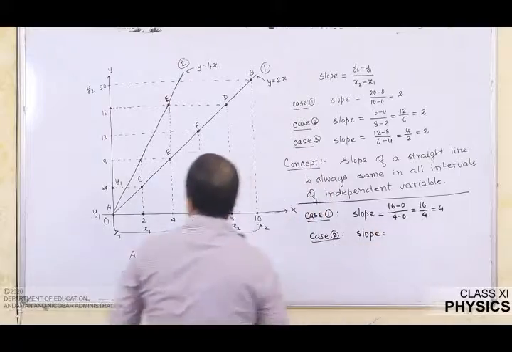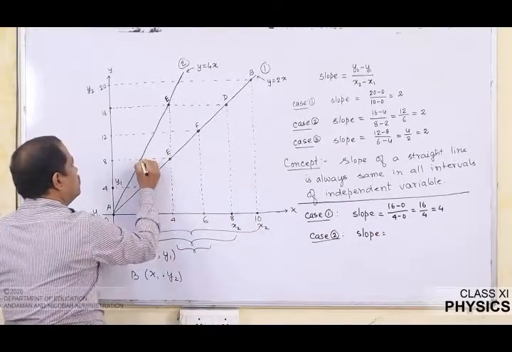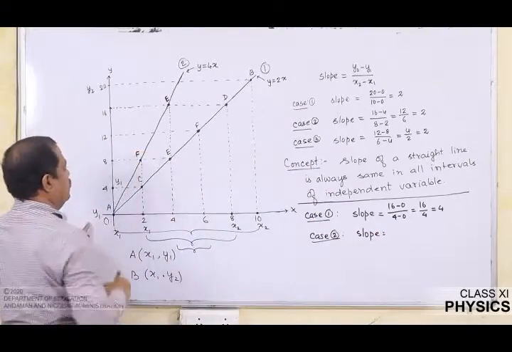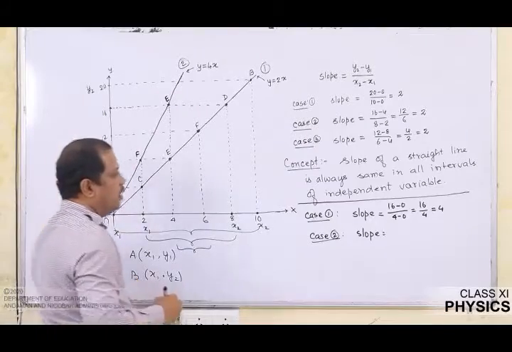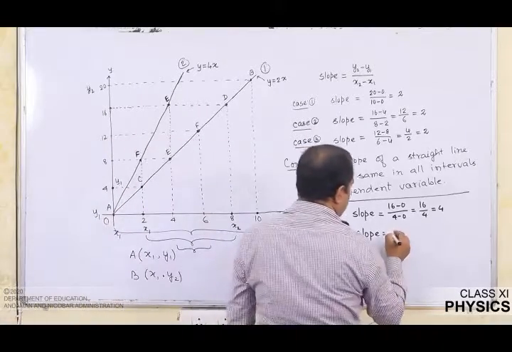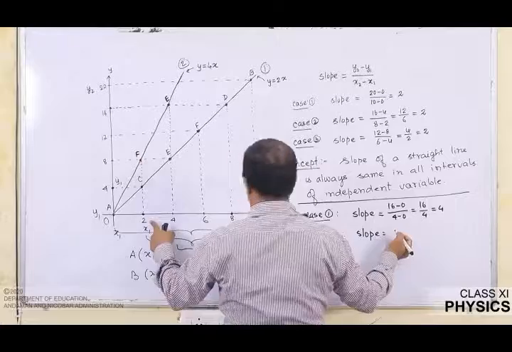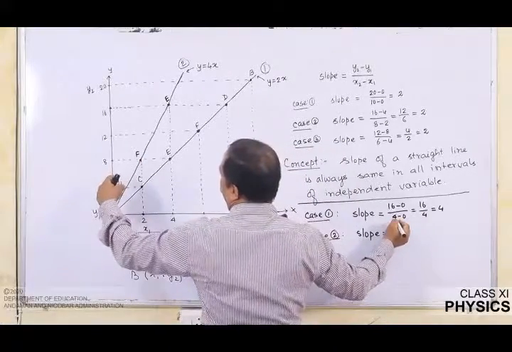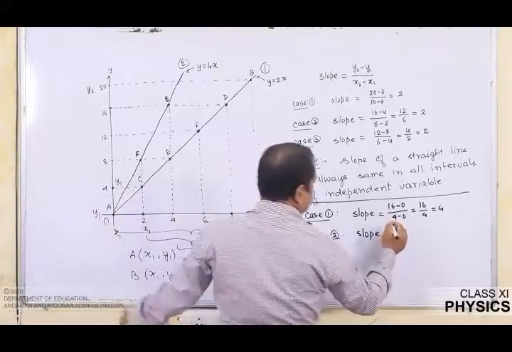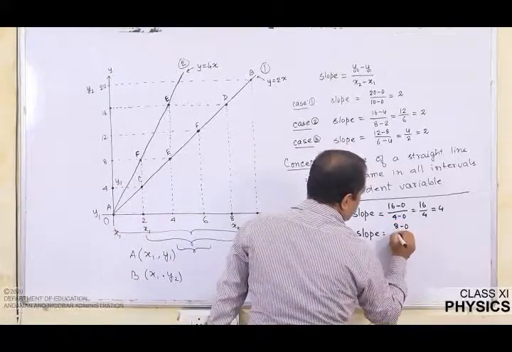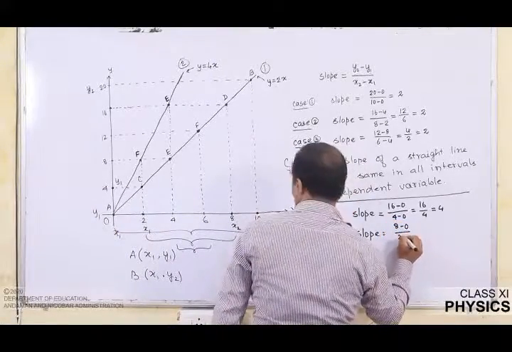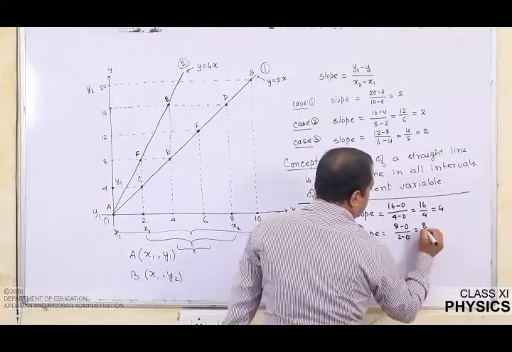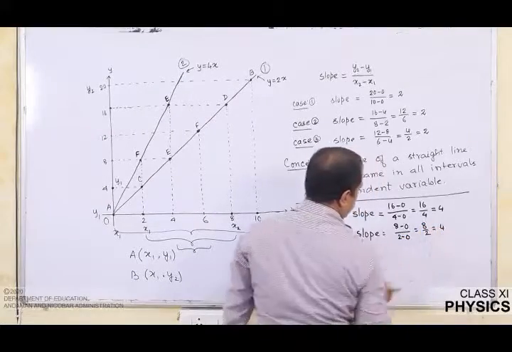Let me name the point: I named this one as E, let me say this is F. So, I want to calculate the slope between A and F. Rise over run: 8 minus 0 over 2 minus 0, which is again equal to 4.